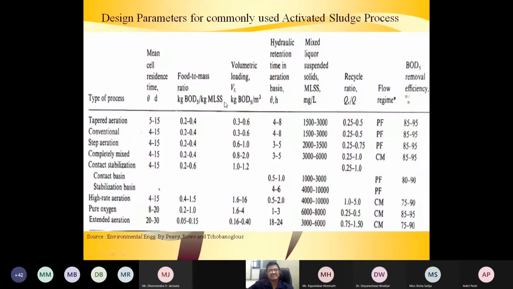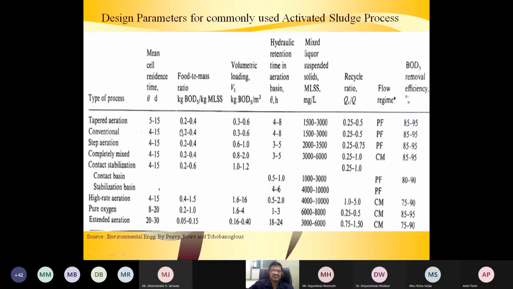Whatever is in suspended form in the aeration tank is bacteria, so we call it MLSS. So food to microorganism is kg BOD divided by kg MLSS. That will give you food to biomass.